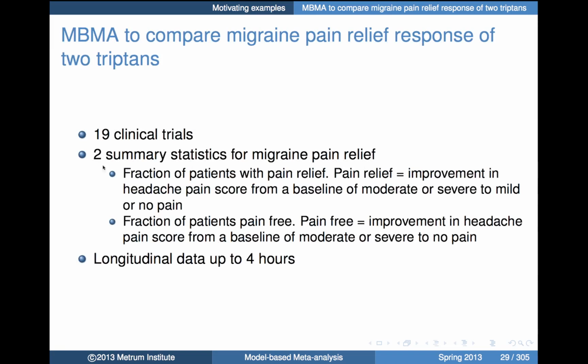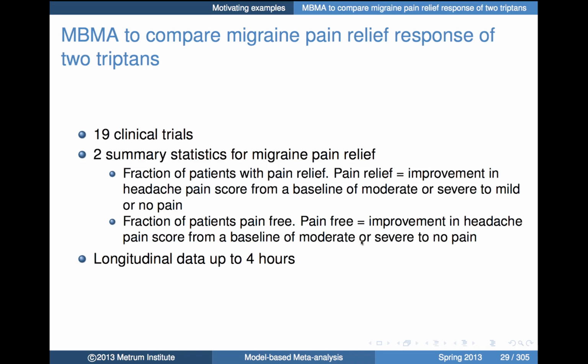They looked at two summary statistics for migraine pain relief. First we should mention that what was originally measured in the patients was a 4-level ordinal scale, going from no pain, mild pain, moderate pain, to severe pain.